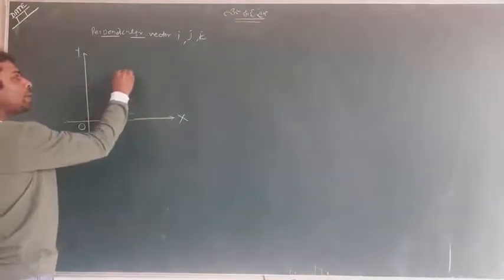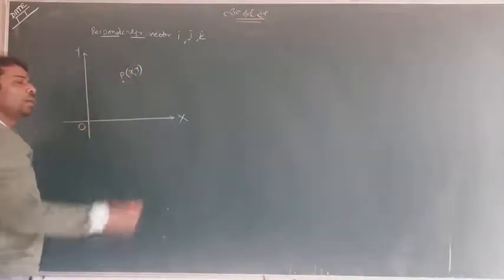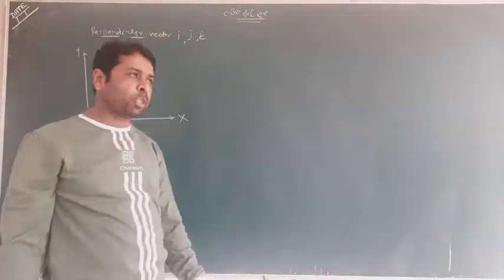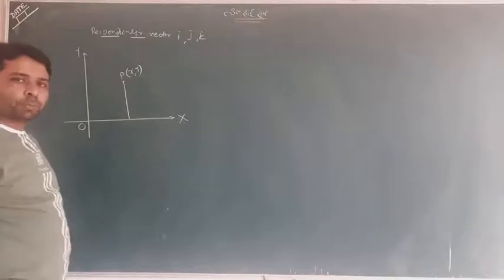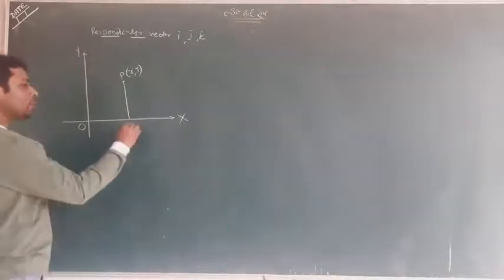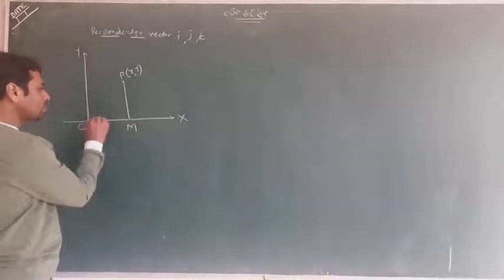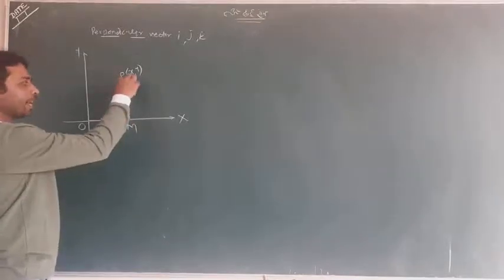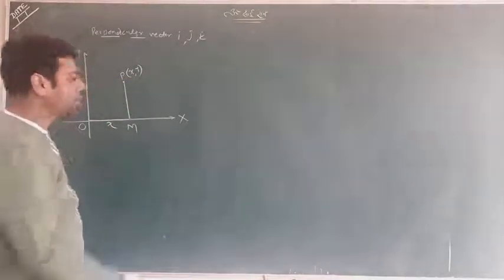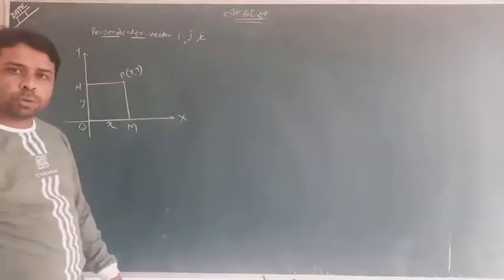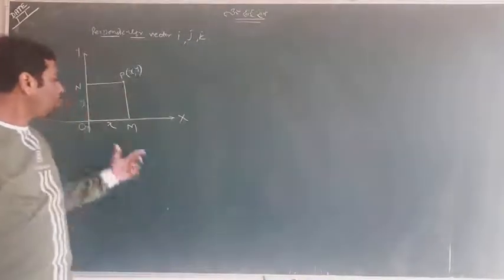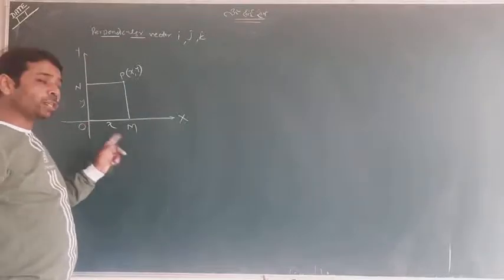Suppose it is the point P(x, y), as we saw in coordinate geometry. I will draw the perpendicular from that point to, suppose, M. Sorry, the distance is x, you know it. And as you draw the 90 degrees here, the distance is y. One should know. Now my question is, suppose you want to convert OM into a vector.